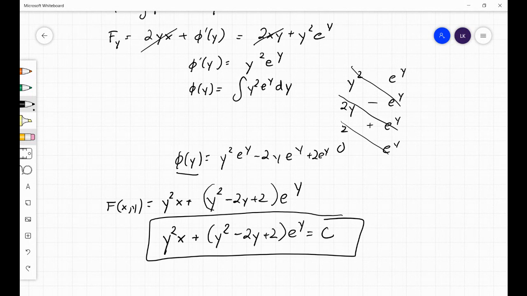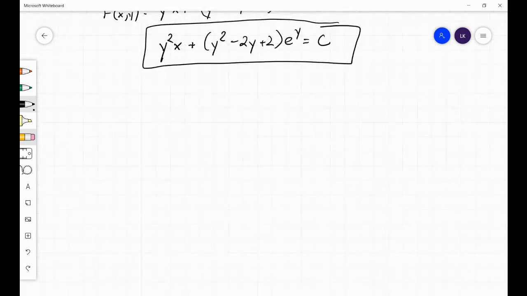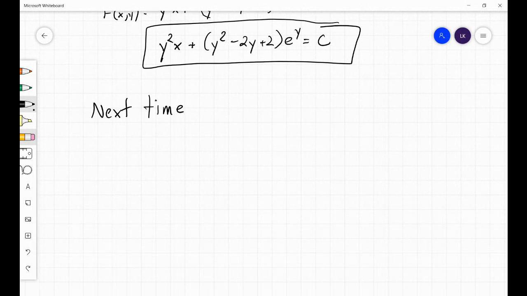So next time, we'll look at differential equations written in this differential form which are not exact. And we're going to talk about finding an integrating factor.